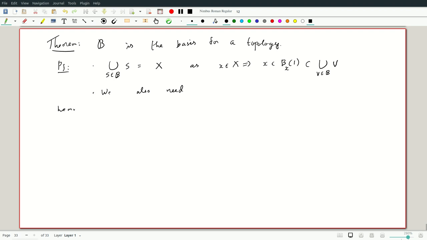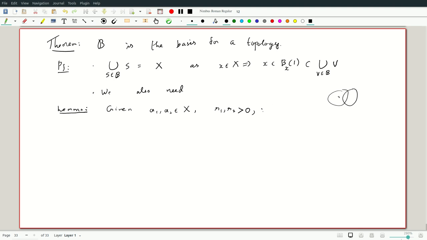If I take two basic sets, which I will quantify by the centers and the radii: given a1, a2 in X, and r1, r2 greater than 0, what you want to talk about is the intersection of the corresponding balls.